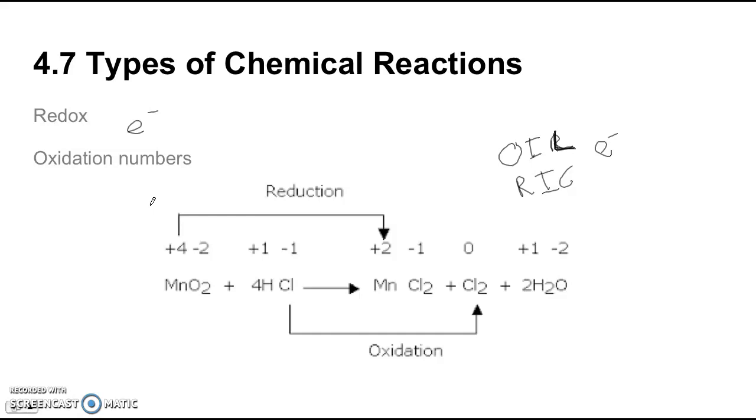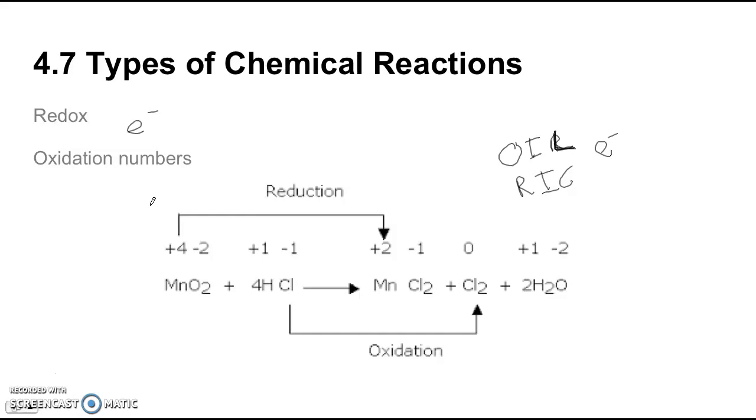A monatomic ion is always going to have an oxidation number of whatever its charge is. In a compound, the oxidation numbers are going to add to 0. In a polyatomic ion, the oxidation numbers will add up to whatever the ionic charge is.